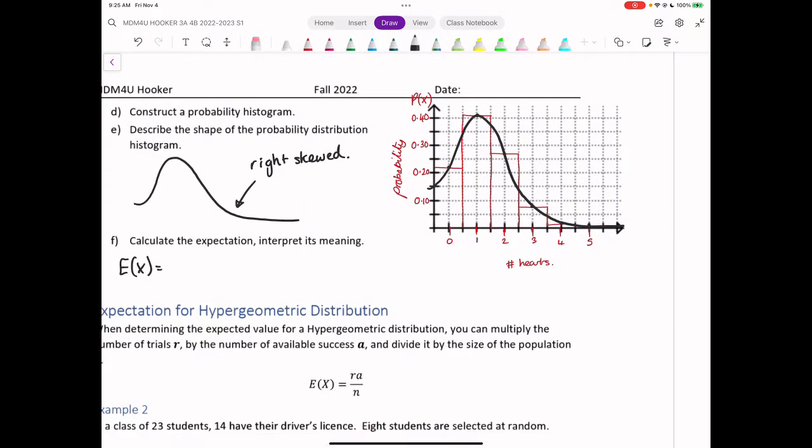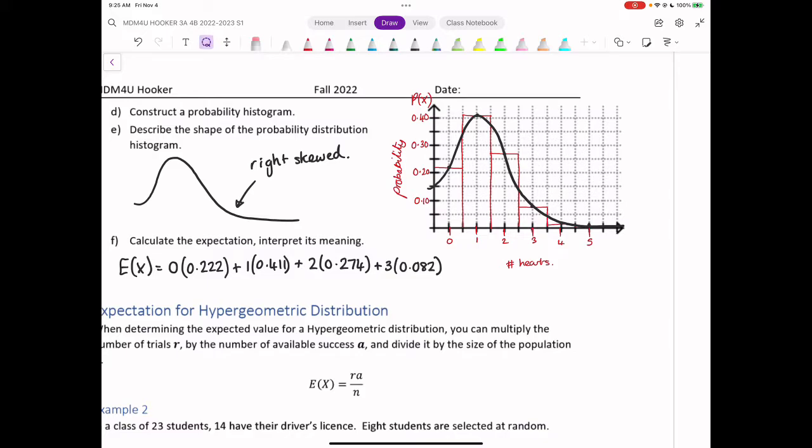So that looks like this. We have 0 times 0.222 plus 1 times 0.411 plus 2 times 0.274 plus 3 times 0.082.